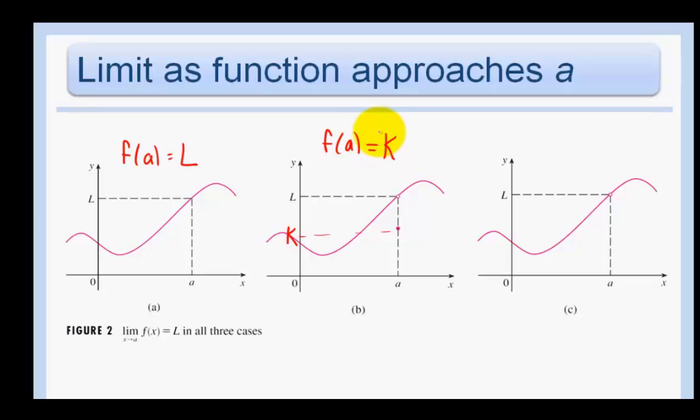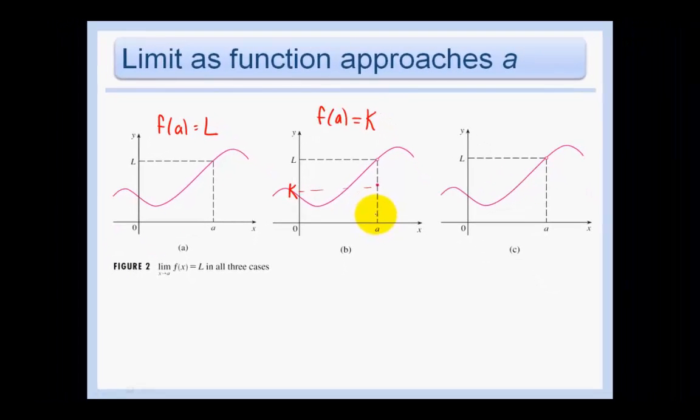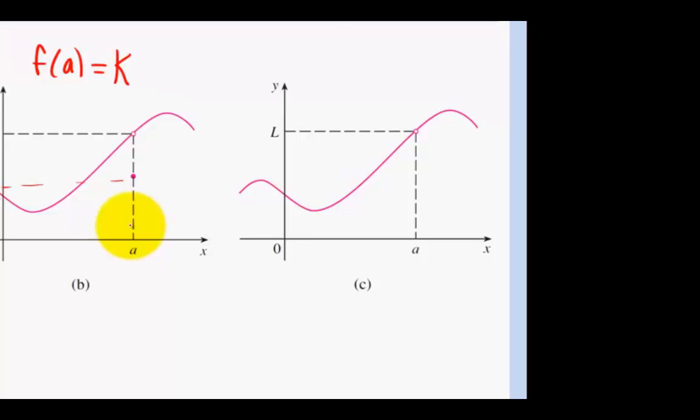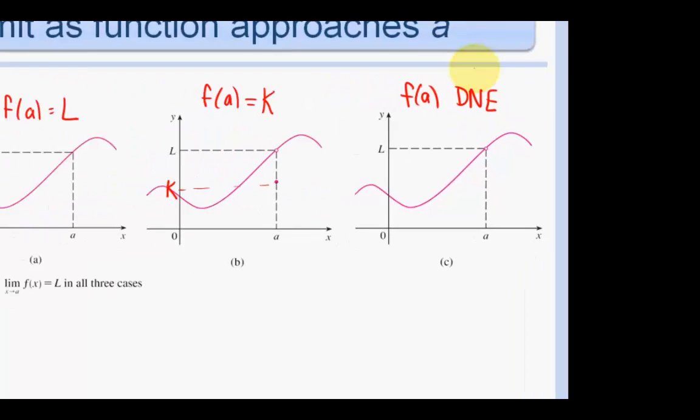Right? So in figure B, we see that the limit does not equal the value at that point. That's going to be important. And in figure C, we see that f of a does not exist at all, and we can abbreviate that DNE. f of a does not exist.